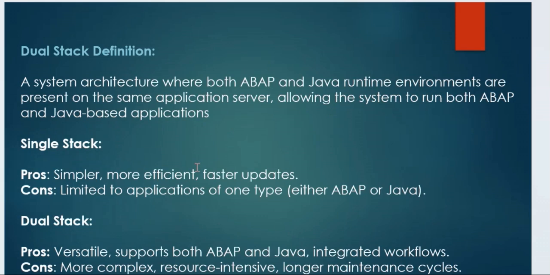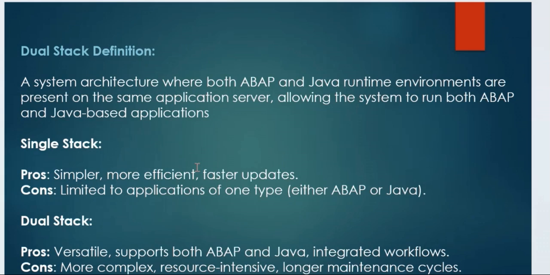The second one is the dual stack system. Dual stack means here both Java plus ABAP. In single stack we have only Java or ABAP, but in dual stack we have both Java plus ABAP.